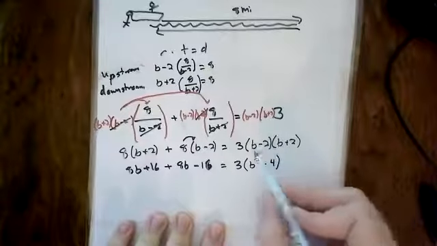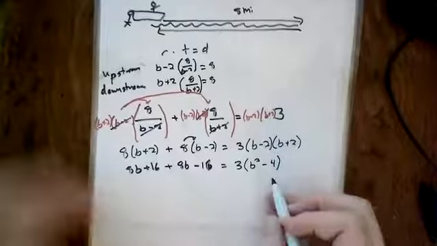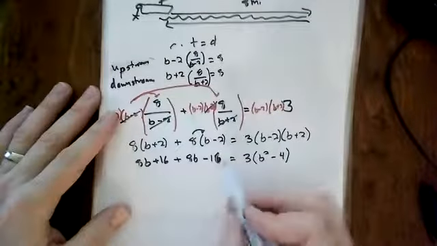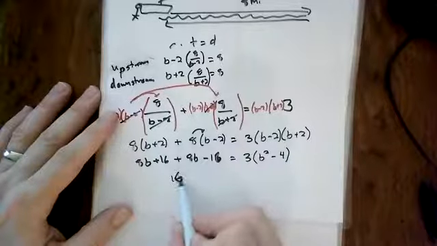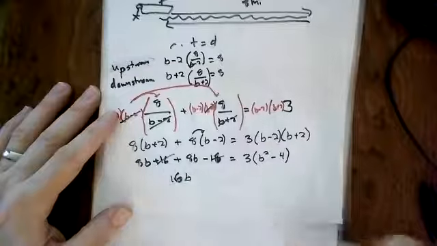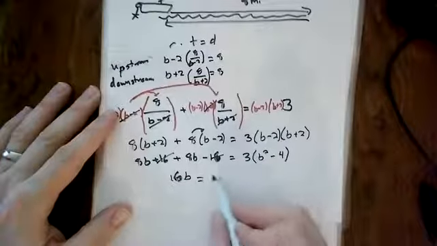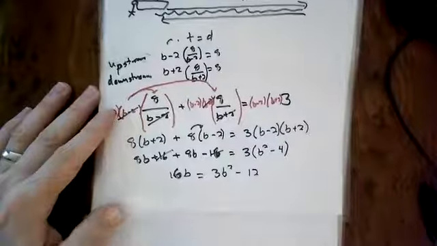That is, b squared plus 2b minus 2b minus 4. So ultimately, when I put these things together, I'll end up with 16b, and plus 16 and minus 16 go away. This is going to be equal to 3b squared minus 12. Oh my gosh.